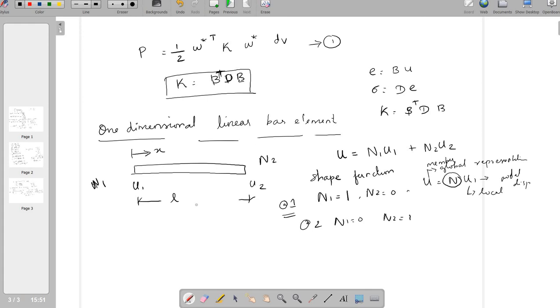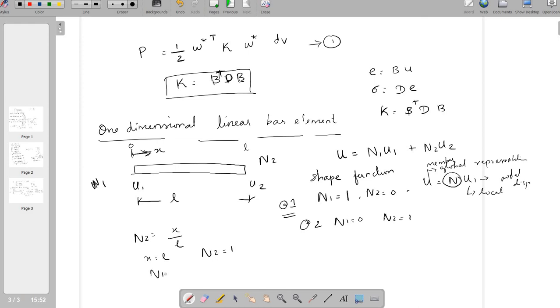Consider the N2 value. Our x distance starts from the left side and varies from 0 to L. So you form a function x by L for N2. If you substitute x equal to L, N2 equals 1.